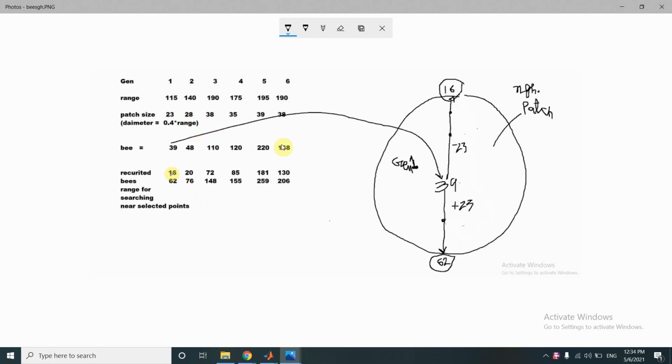For example, let's say for the fourth dimension, the bee position is 120 and the patch size is 35.